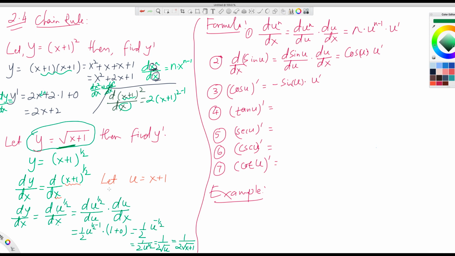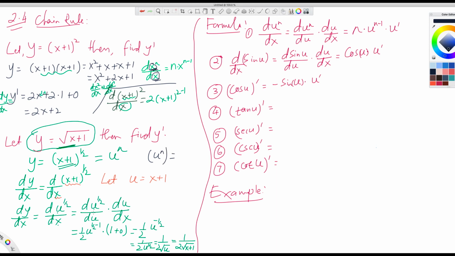Here I was trying to make them match. I was assuming x plus 1, just the base, not the exponent, as u. And then you were able to write this as u to the n. When you find the derivative of u to the n, what did we do?